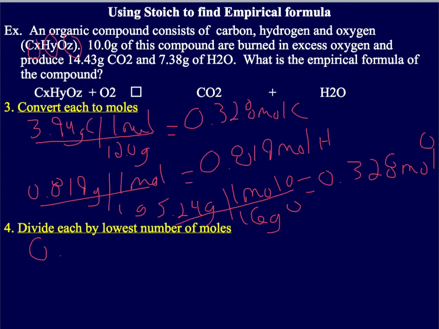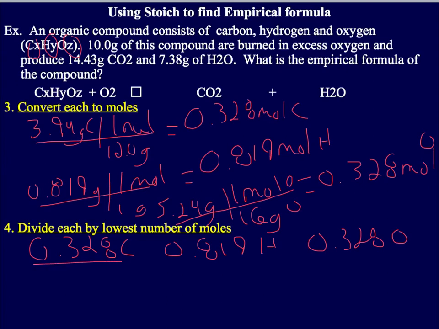Now, last step, divide each by the least number of moles. So, 0.328, 0.819, that's carbon, hydrogen, and oxygen is 0.328. So we're going to divide each of these by the least.